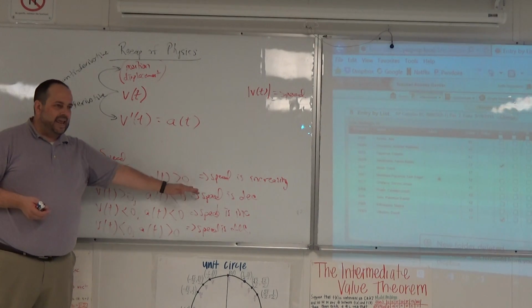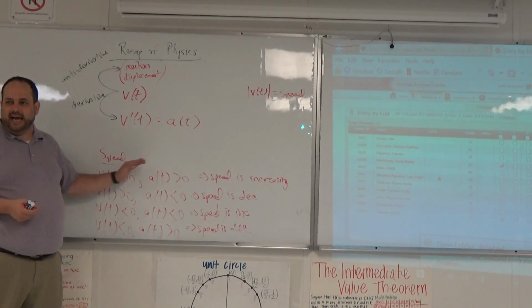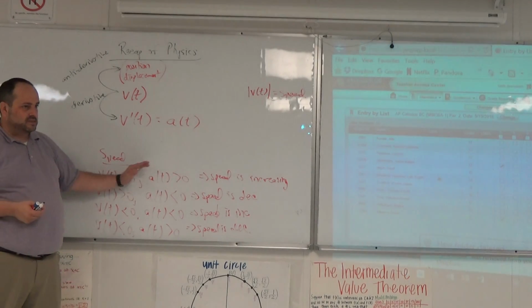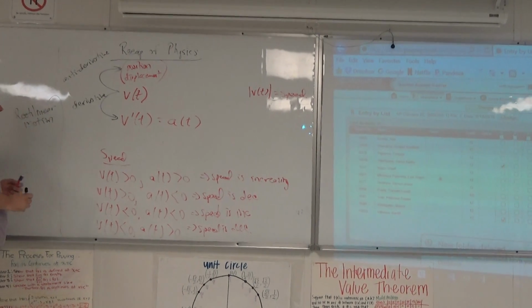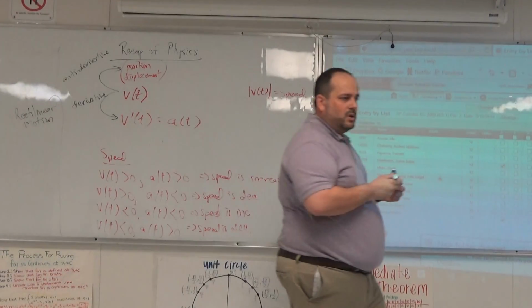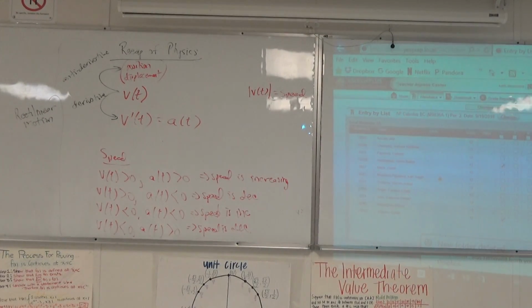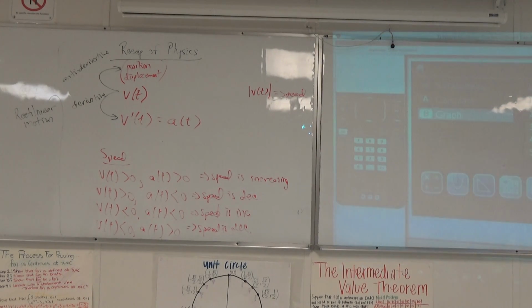We're not going to make any connections between velocity and acceleration if one of these is equal to 0. All of this together is basically everything that you need to know if you're in Calculus AB about rectilinear motion, motion in the XY coordinate plane.